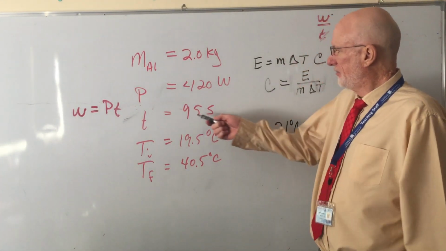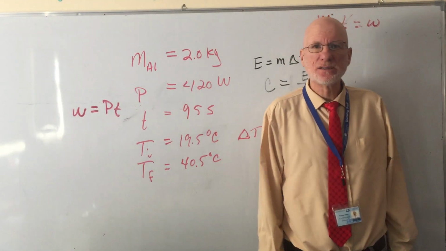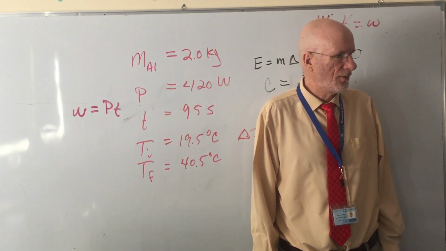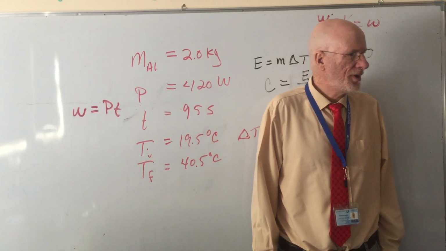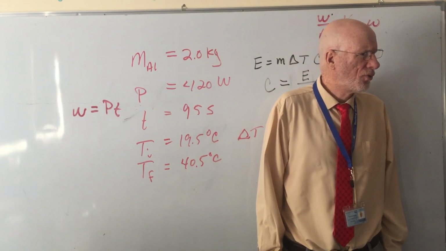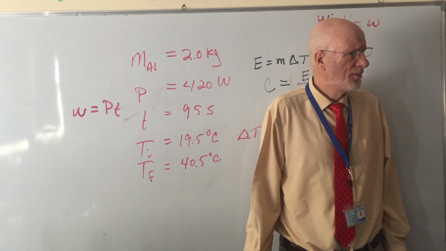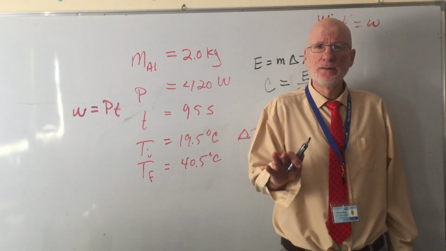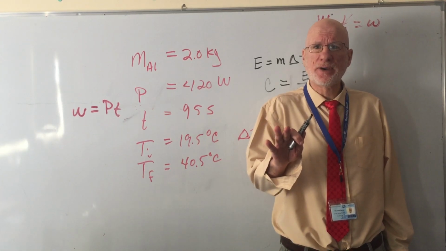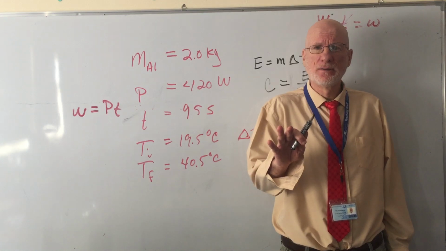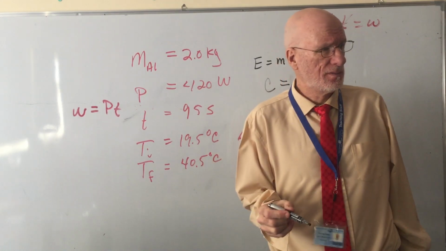Give me 2 significant figures. Look, 95, 2. That's what it is. So what do we got? 40,000. Is that all right? Excellent. So 40,000.